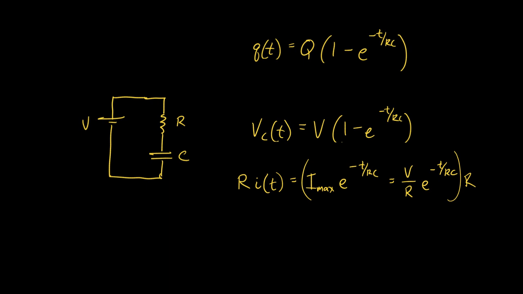The left side's got to be the voltage across the resistor, which will have to be the voltage of the circuit, e to the negative T over RC. So getting rid of my Q's there. You only really need this one because everything else is derived from the charging function, but you understand that these are the results.